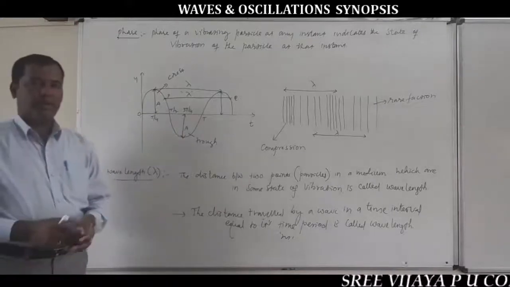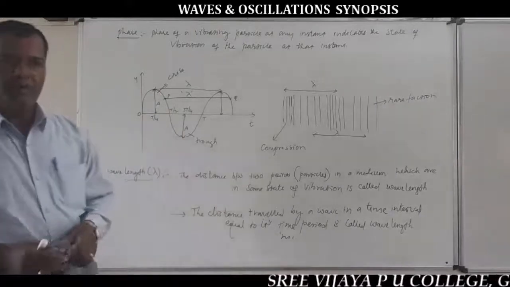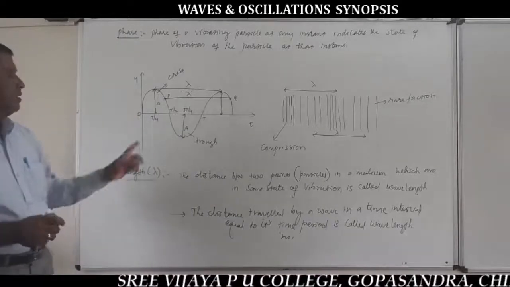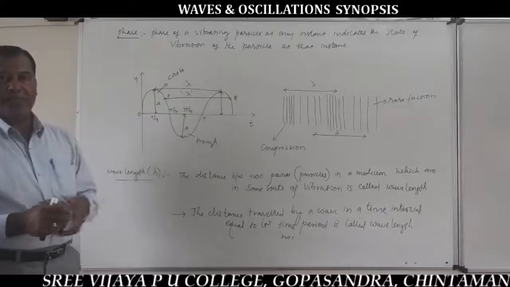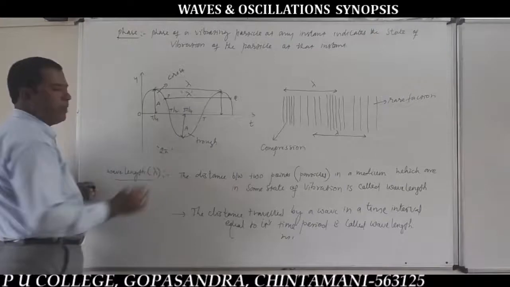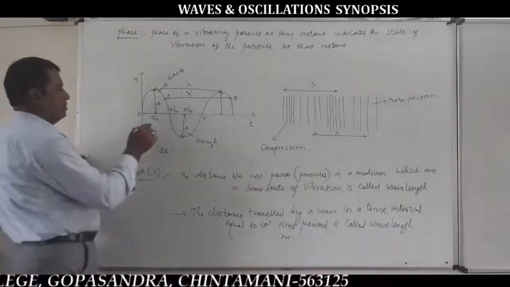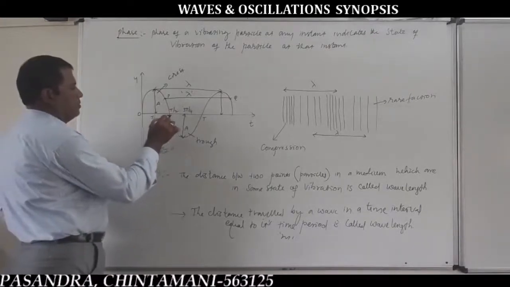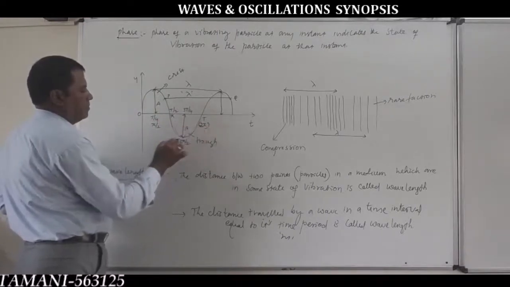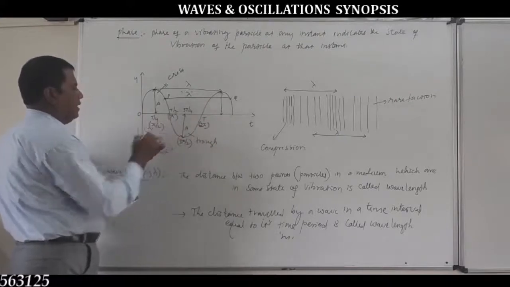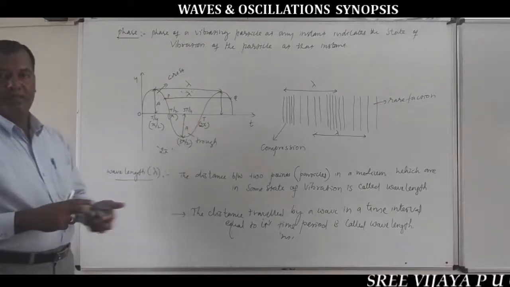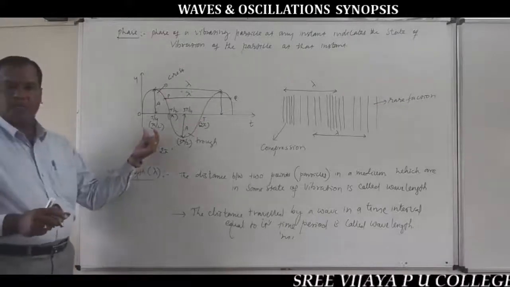See, in case of a simple harmonic wave, or a particle which executes simple harmonic motion, in a time interval equal to its time period, it describes a total angle of 2 pi.